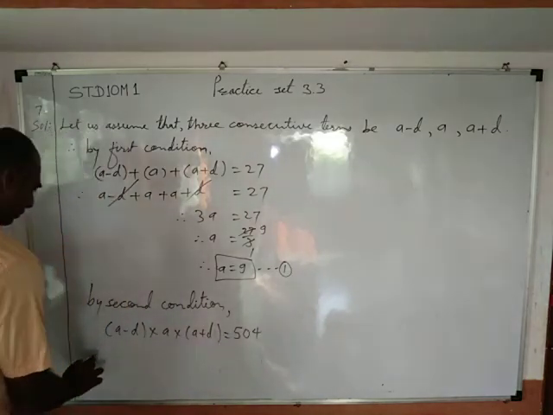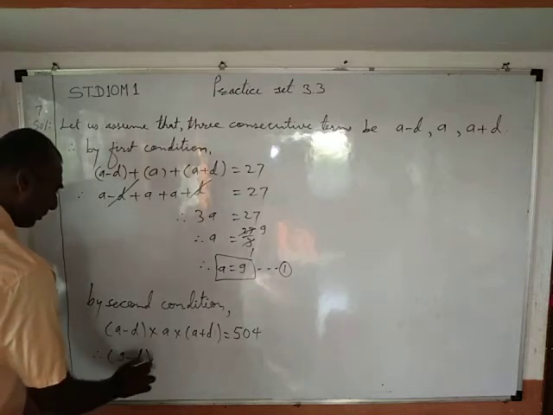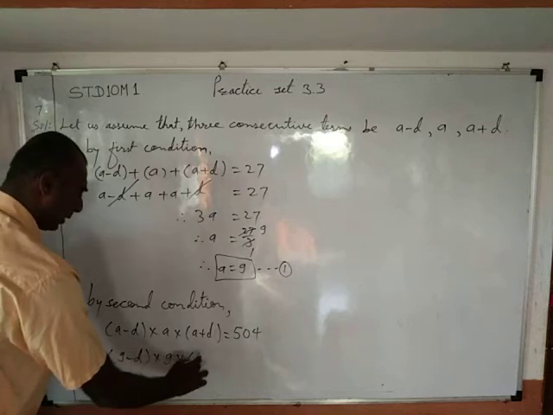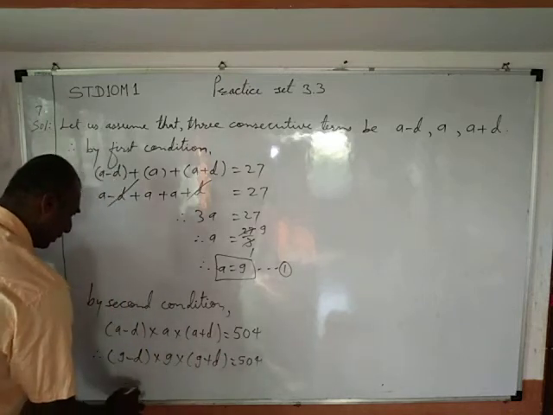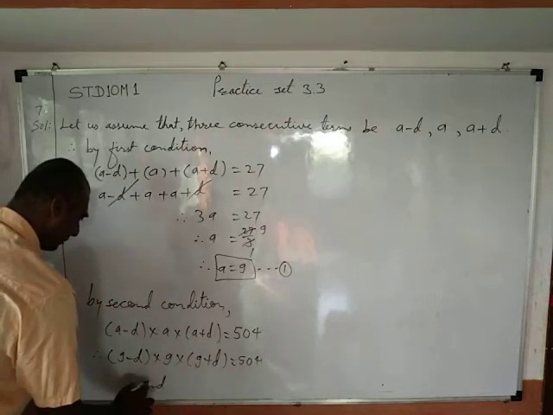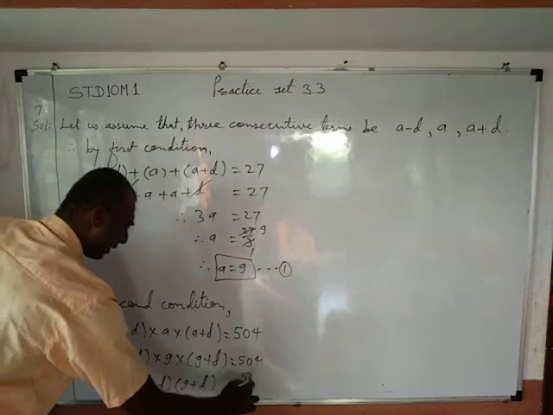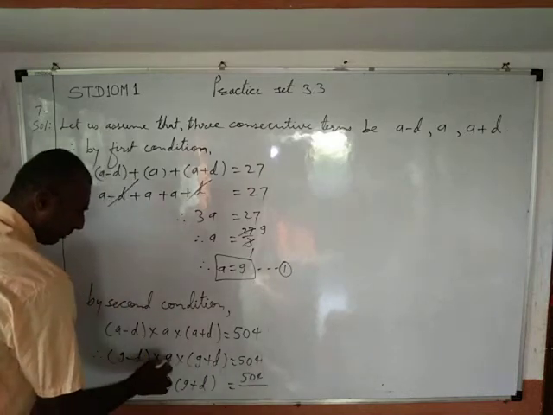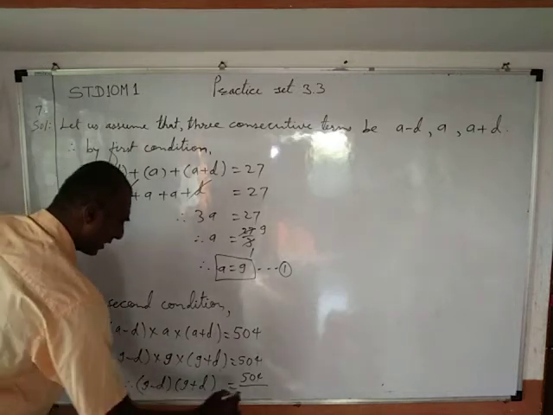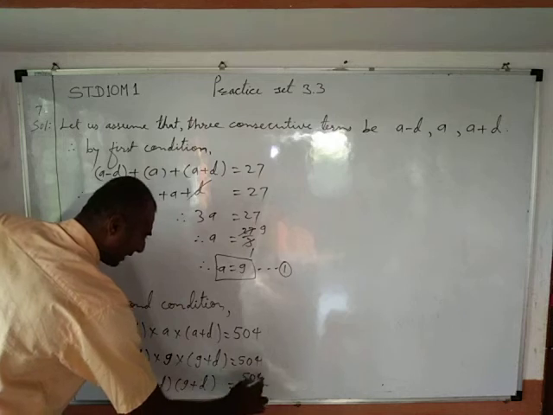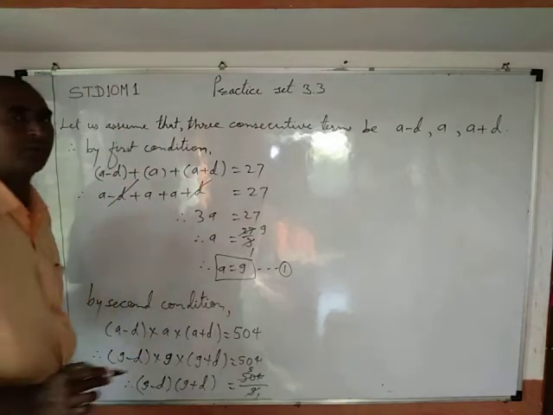Okay, and the value of A is 9, that's why we can write 9 minus D into 9 plus D equals 504, and therefore 9 minus D into 9 plus D equals 504 upon 9. The multiplier 9 which is at left will become divided at right side. 9 ones are 9, 9 fives are 45, remainder 5, it will form 54.